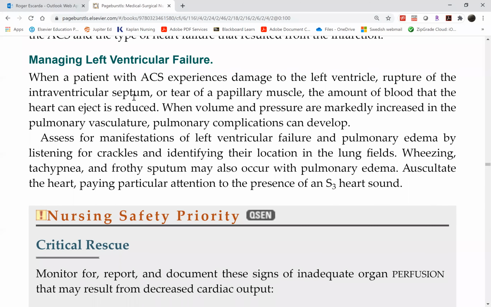Managing left ventricular failure, they particularly emphasize this one because what is the most commonly occurring MI? What does it affect? Which side? The left ventricle. Namely because they will affect the LAD, RCA, and LCX.